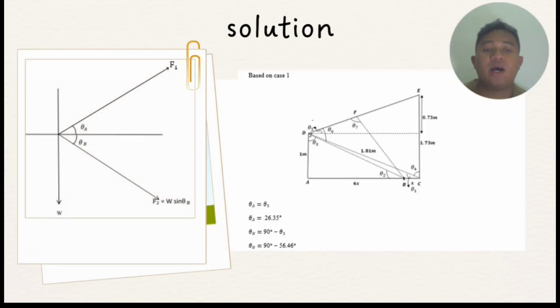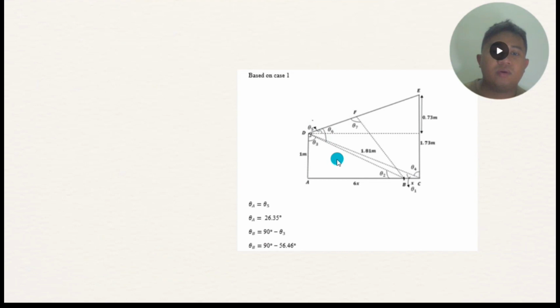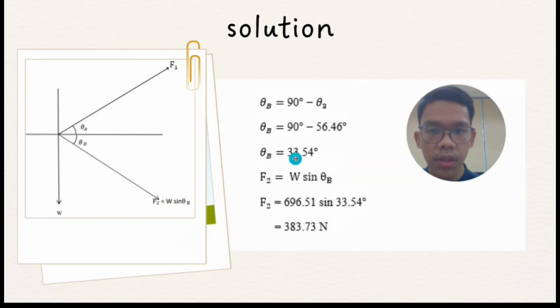Based on case 1, where we found all of the angles of the illustration, we can find theta A here. This is the solution. We can find theta B by 90 degrees minus theta 3, which we can get from case 1. So 90 degrees minus 56.46 degrees, and we get theta B equal to 33.54 degrees.